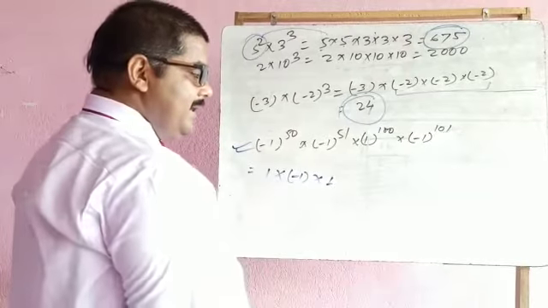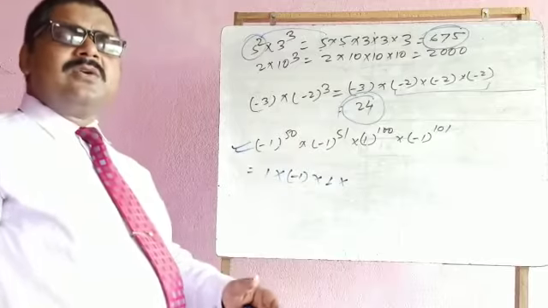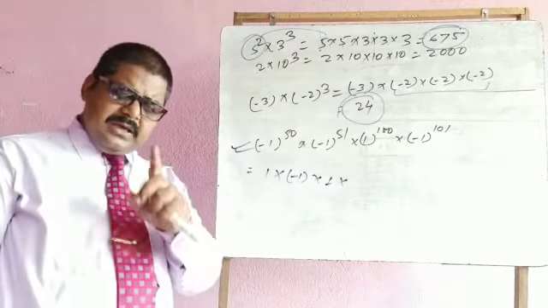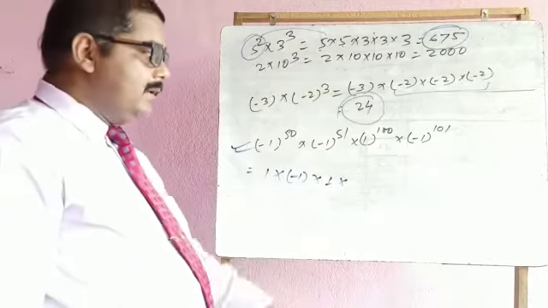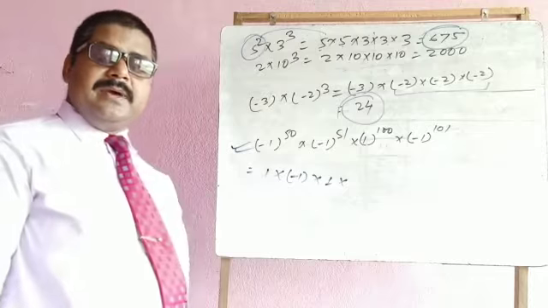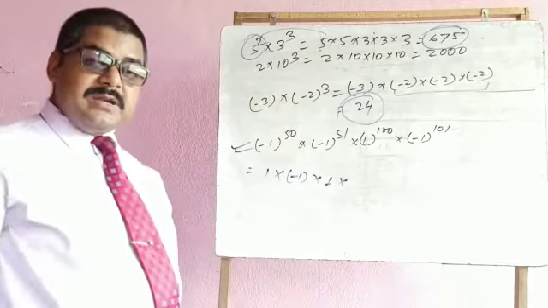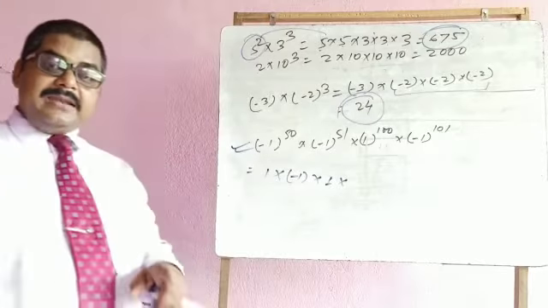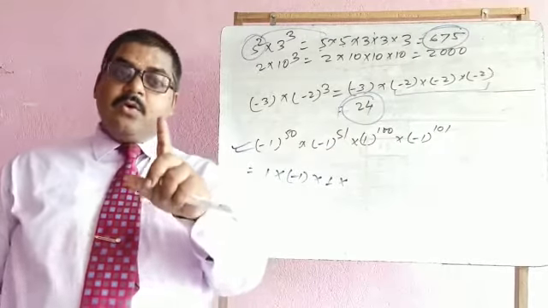And finally, because you know very well that when positive 1 is multiplied either an odd number of times or an even number of times, the result must be positive 1. So there is no change in the sign. And the last one has been given: minus 1 to the power 101. And when minus 1 is multiplied 101 times, you know very well that 101 is an odd number.